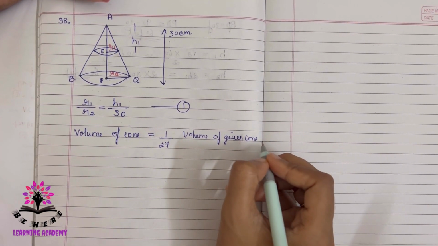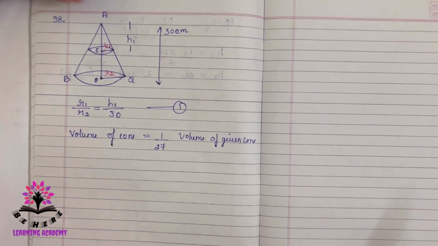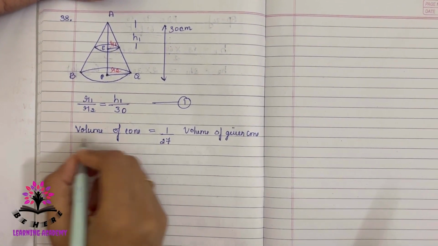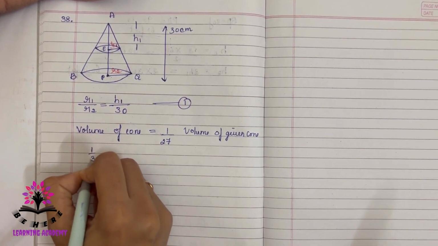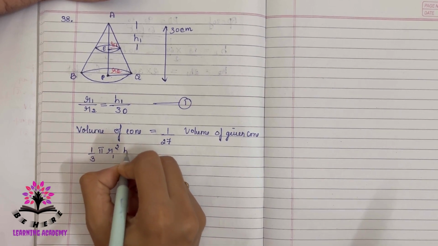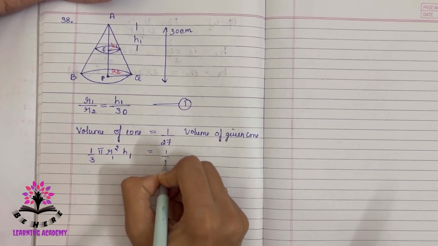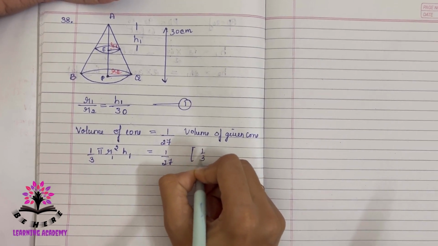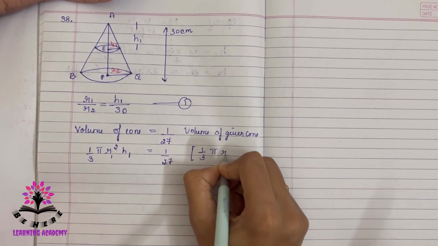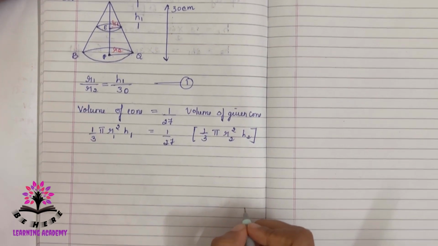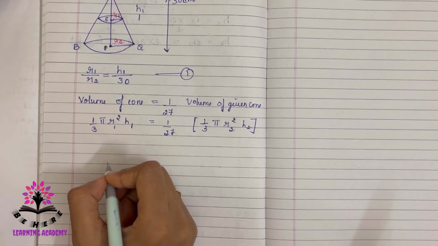Now let us write the formula here. The formula of volume of the cone is, here I'll consider it as 1 by 3 pi r1 square into h1, equal to 1 by 27 into 1 by 3 pi r2 square into h2. Let us substitute it.